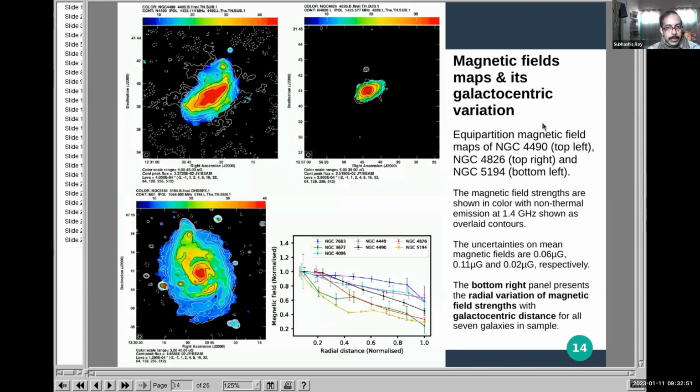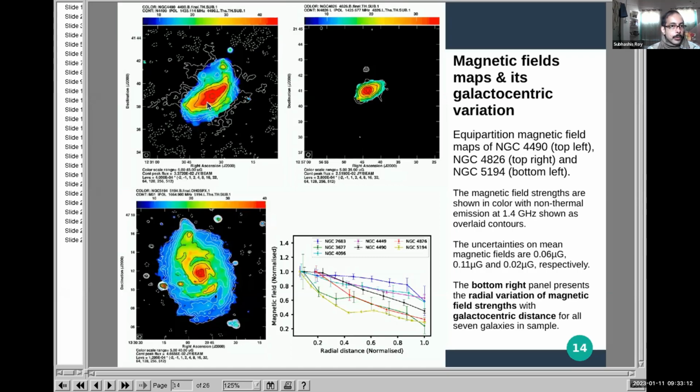So what you are seeing is the equipartition magnetic field maps of NGC 4490, 4826, 5194. They are shown in color with non-thermal emission at 1.4 gigahertz in contour, but the color really shows the magnetic field values. At the center, they are highest, like for this galaxy at top left, that is 4490.